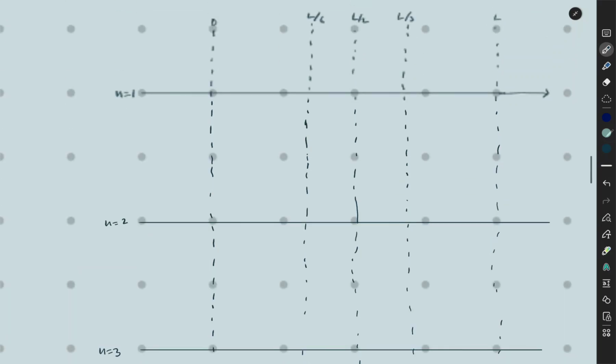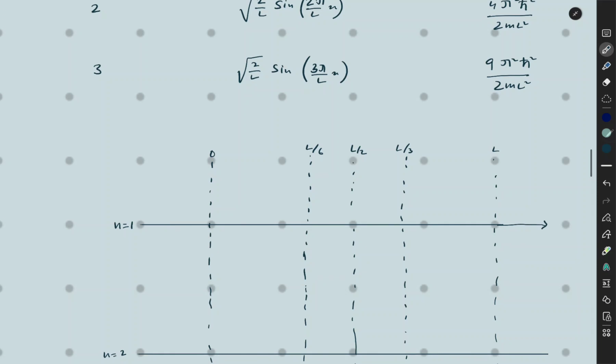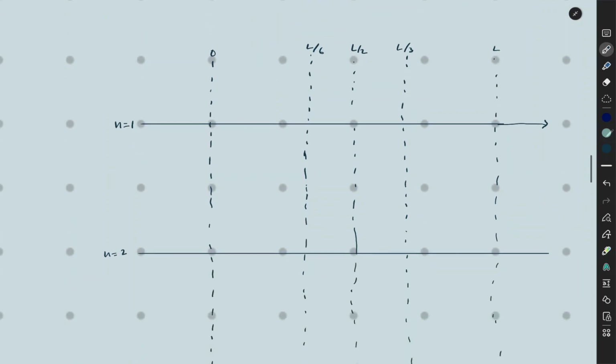So for n equal to 1, we can see that this function becomes 0 at x equal to 0 and also at x equal to L, and between these it is not becoming 0. So from 0 to L this graph will look somewhat like this.